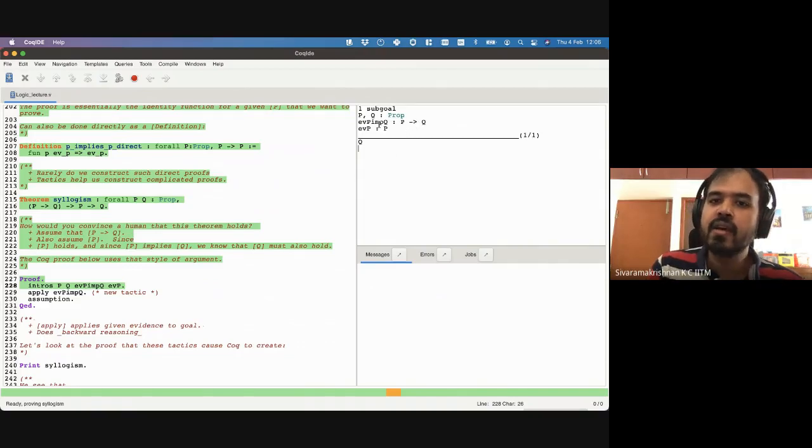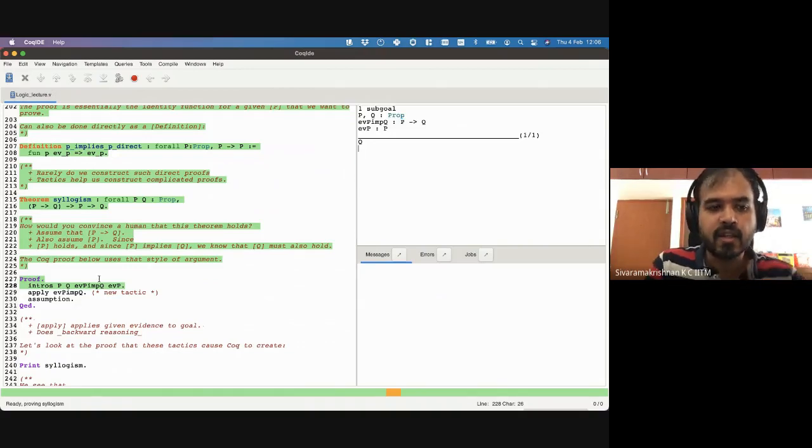I know that if I have P, I can give evidence for Q, and I need to give evidence for Q. So instead of showing Q, I will show that I can give you evidence for P. Then, because of this P implies Q evidence, we know that we can go ahead and prove the goal that we want.